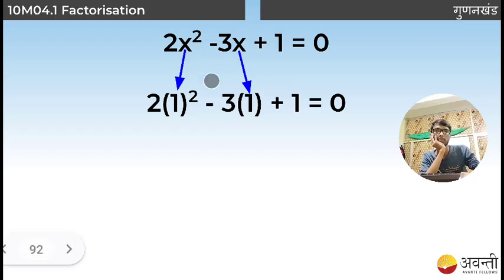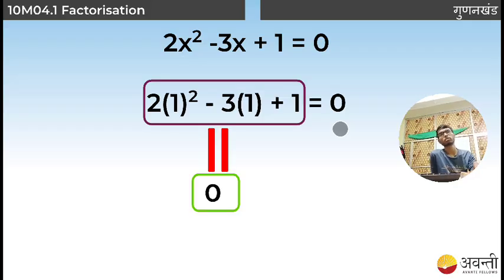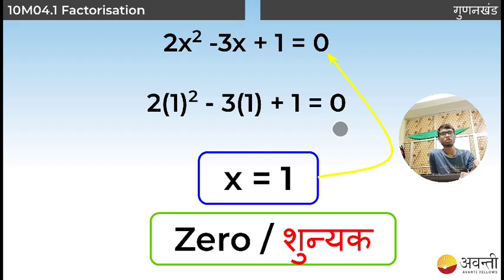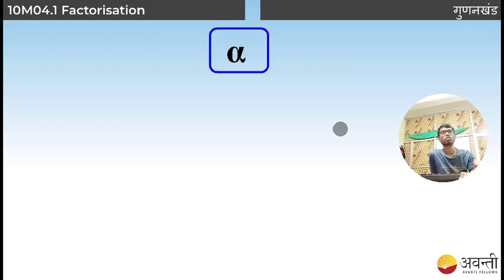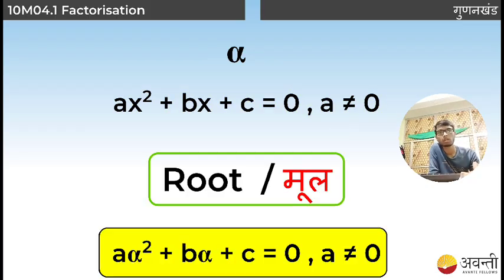Here we can see when we put 1 as x, then this whole side is becoming 0. That's why this is a quadratic equation. Now alpha is a root.